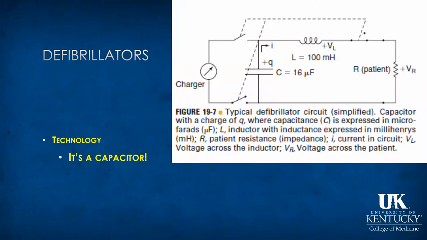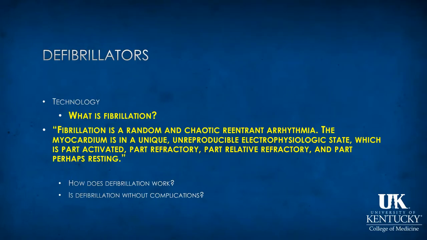So, first, just a cartoon of a typical defibrillator circuit. It's a capacitor. So we've been talking about capacitors. It's something electronic, and it stores energy and it's released. A few more definitions. Fibrillation is a random and chaotic re-entrant arrhythmia.